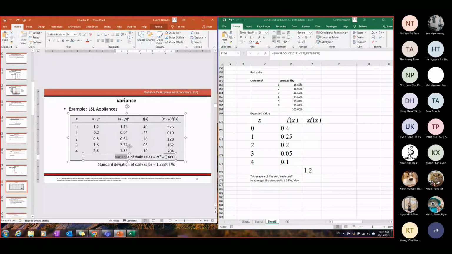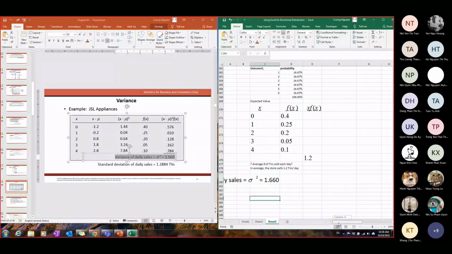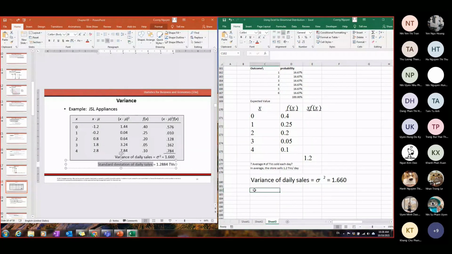The only thing I want to say is what we know about the variance, why it looks like this. Now I want to find the standard deviation. How am I going to generate it? Very simple.